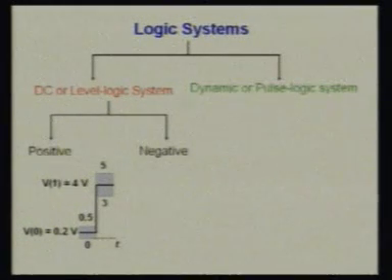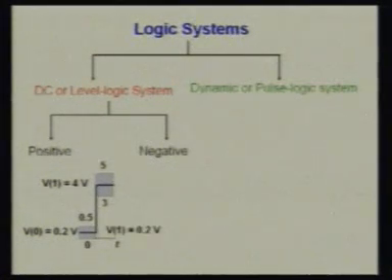In general, the 1 state, the high state, is recognized by 4 volt, which may vary from 3 to 5 depending upon the circuits or devices we are using. In a similar way, the 0 state is recognized as 0.2 volt, which again may vary from 0 to 0.5 volts, sometimes 0.7, 0.8 volts also.